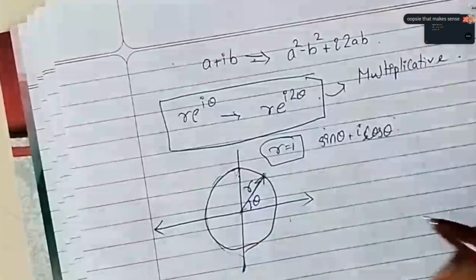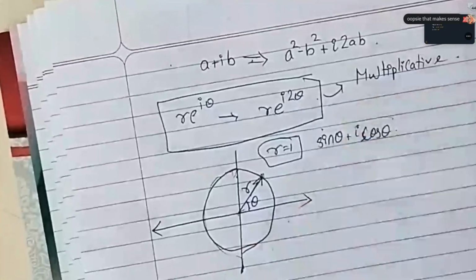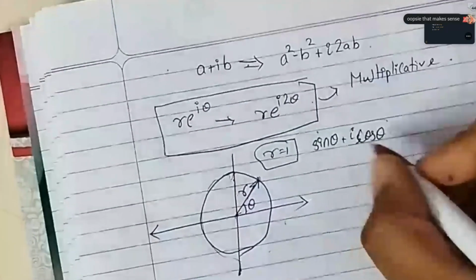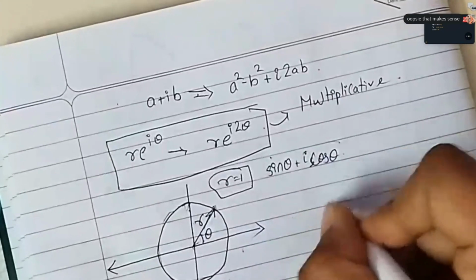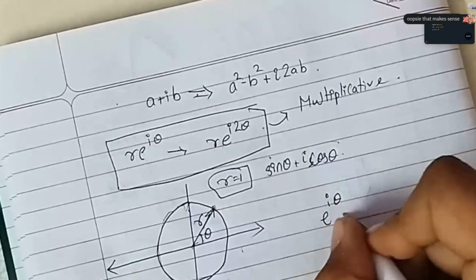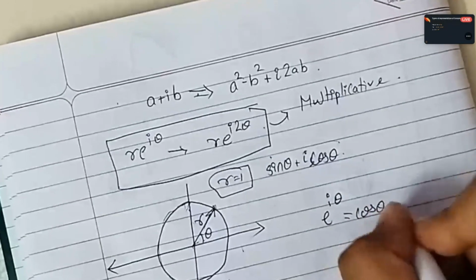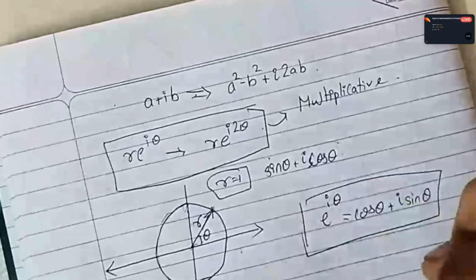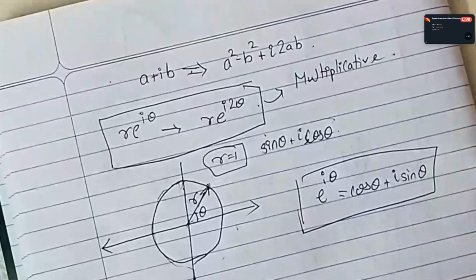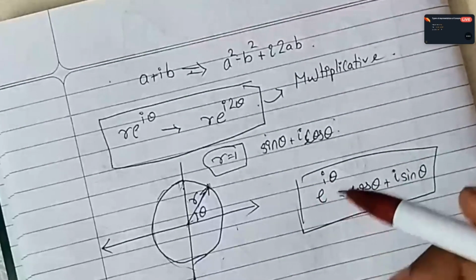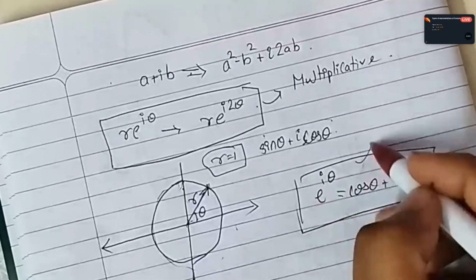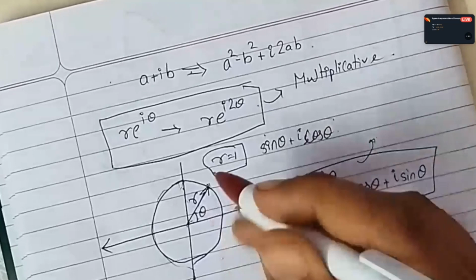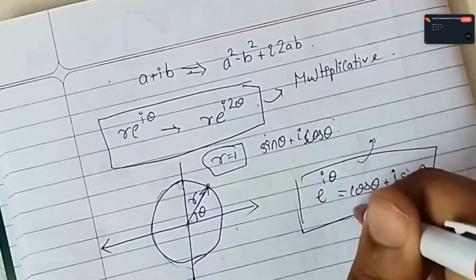In the Euclidean form, it is considered the same because of the identity that e raised to iota theta equals cos theta plus iota sine theta. This identity is used multiple times to convert between the forms. So, for example, if you are given a wave and you want to multiply it with something, then you won't square it in this form.